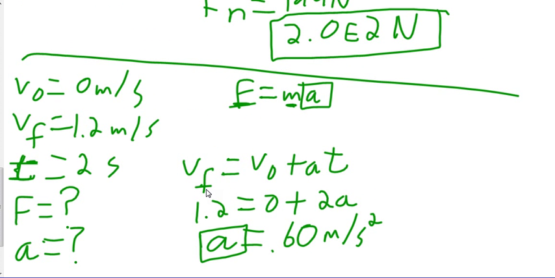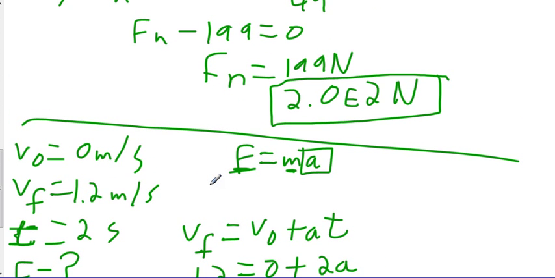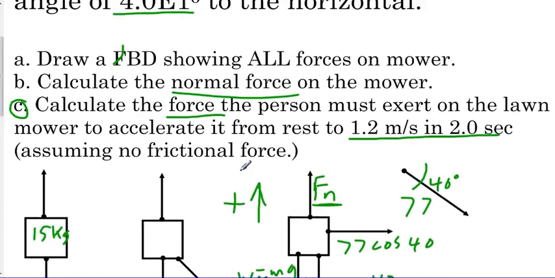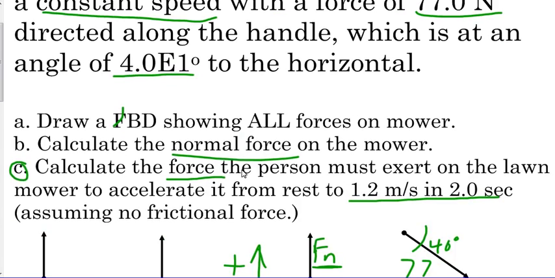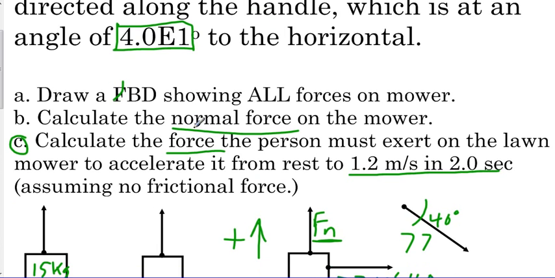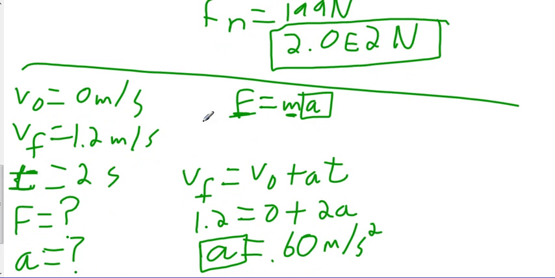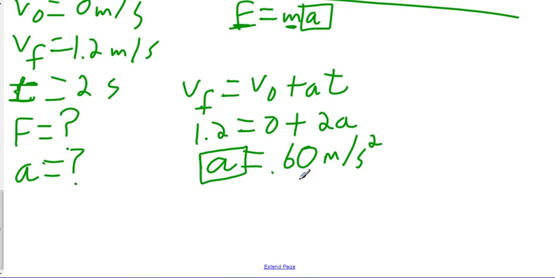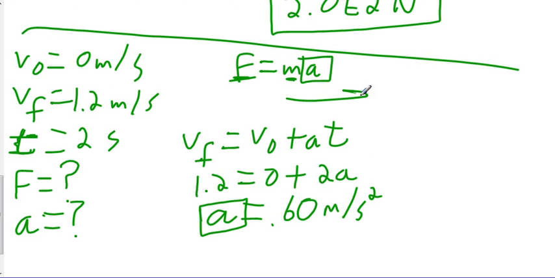Now, what we have to be careful of here is that the force that we apply is going to be at this angle, at 40 degrees. And so when we find this initial force, this is going to be in the horizontal direction.